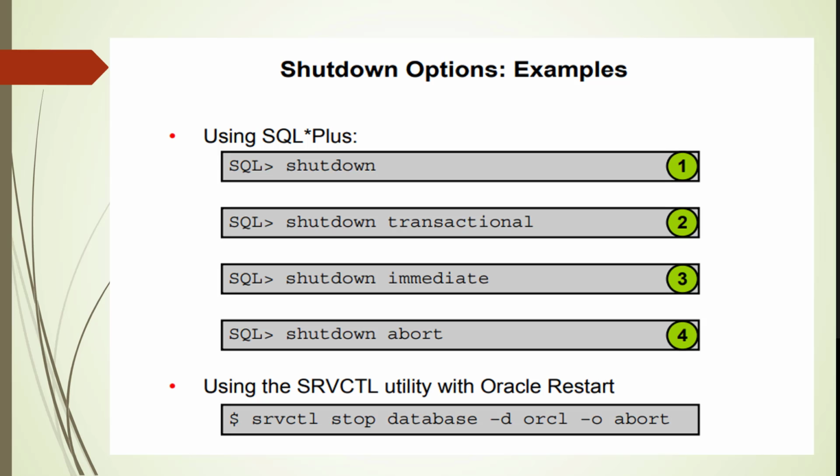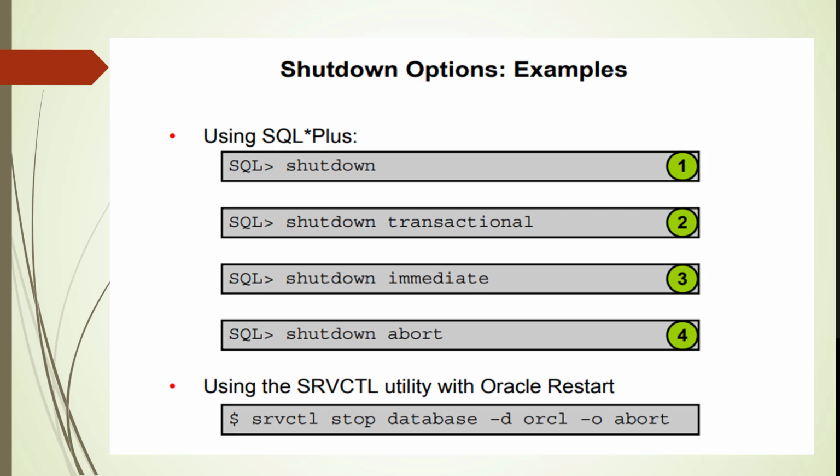Shutdown options examples. Using SQL Plus, we just use shutdown, which is normal shutdown. Then shutdown transactional, we already have this example. Shutdown immediate and shutdown abort.